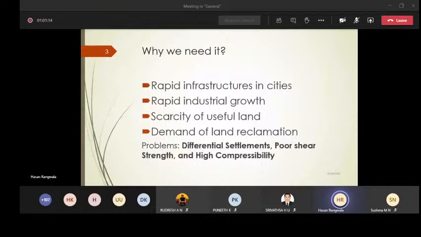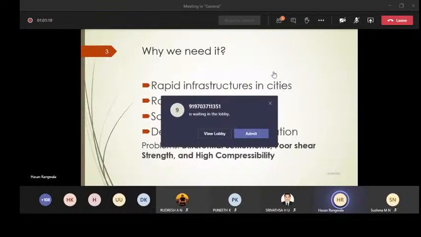Okay, why do we go to the ground improvement technique? I hope this is quite generic. Most of the people would be aware that our infrastructure and industry are growing rapidly in urban areas, in all the mega and metro cities.